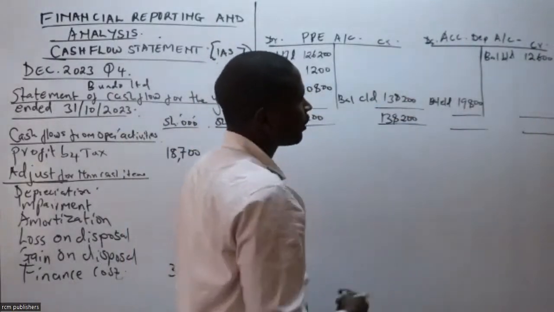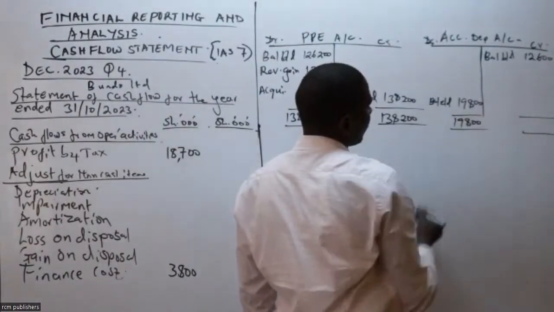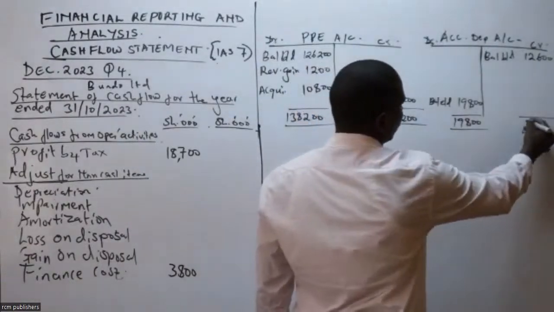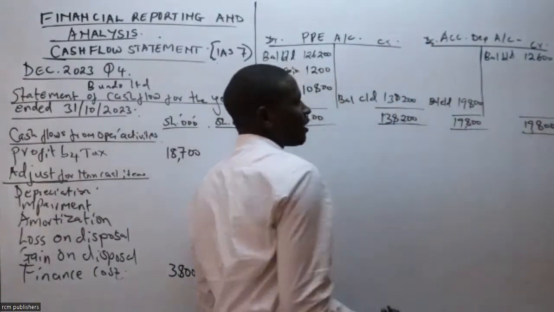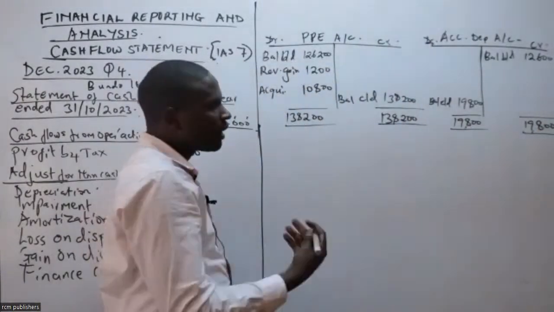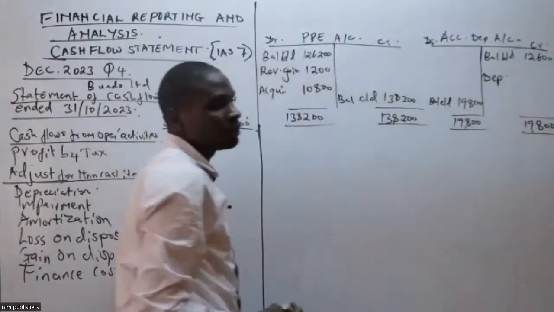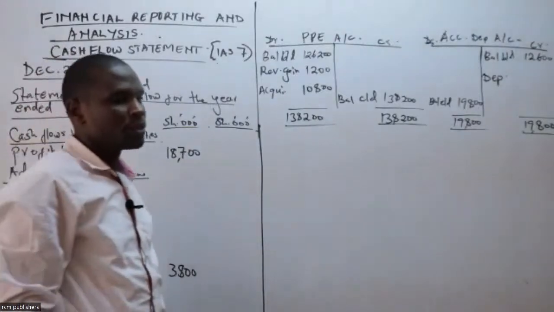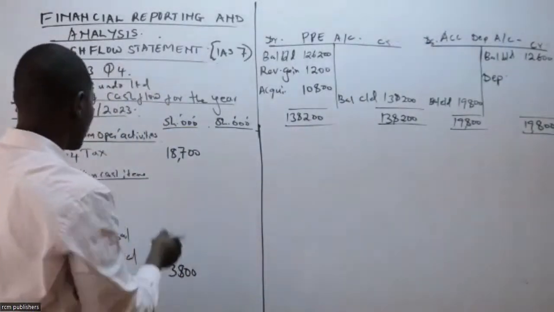Then we check on the other side, on the accumulated depreciation. Here you shall have 19,800. So if this is an accumulated depreciation account, the amount to balance here will be the depreciation. So the balancing figure is the depreciation amount, and it is the one that we are going to bring here.